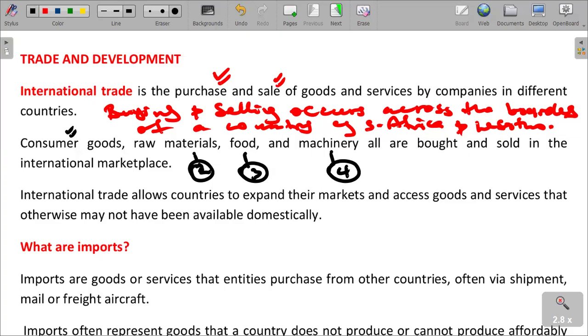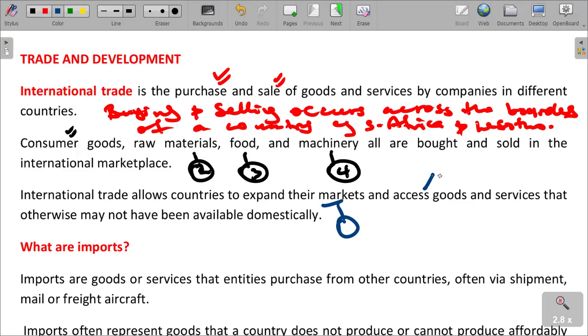So international trade allows countries to expand their markets and access goods. What are the reasons for international trade? For businesses or countries to expand their markets, and access goods and services.